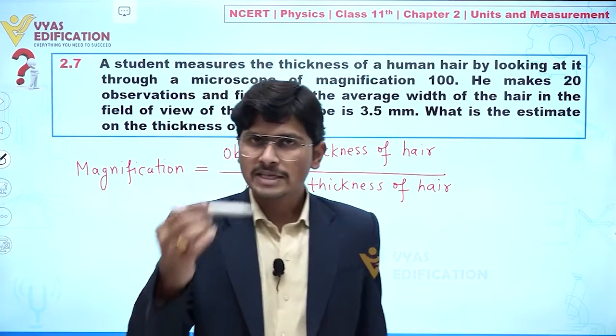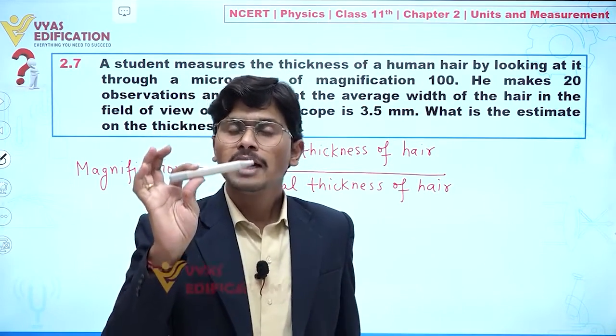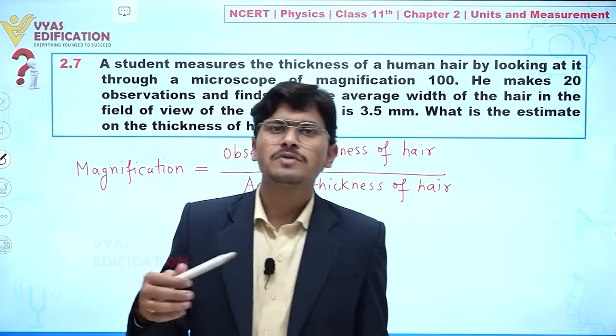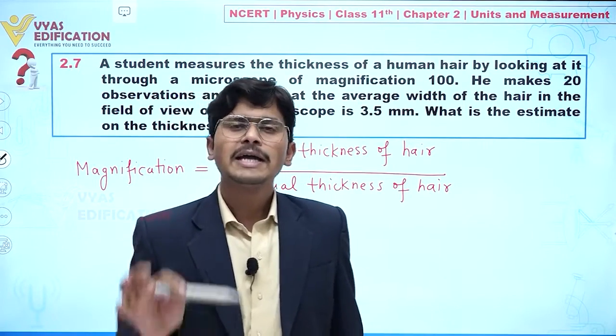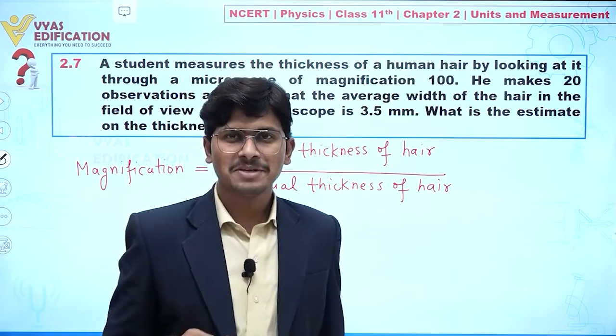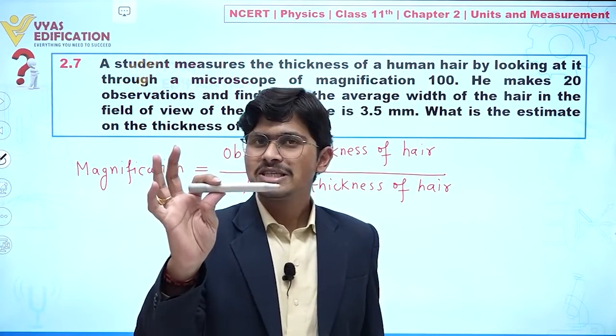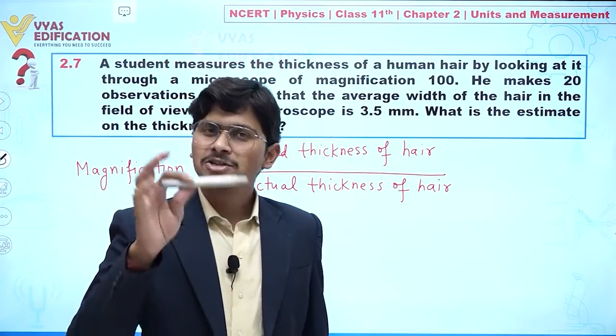You can understand it like this. Suppose the actual length of this stylus is 7 centimeter, and we are observing with a magnification of 4. At that time the length of the stylus we observe is 28 centimeter. So 28 centimeter is the observed length and 7 centimeter is the actual length.